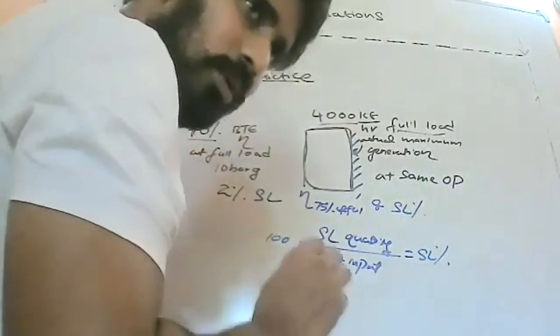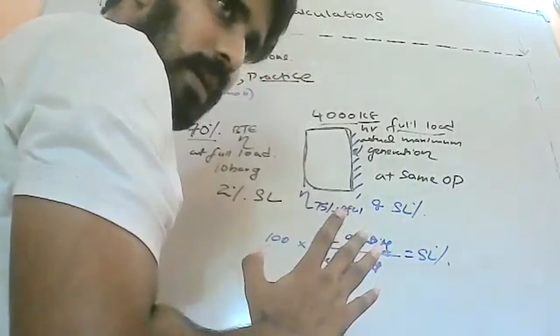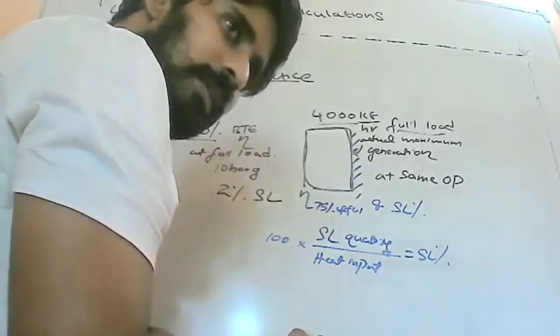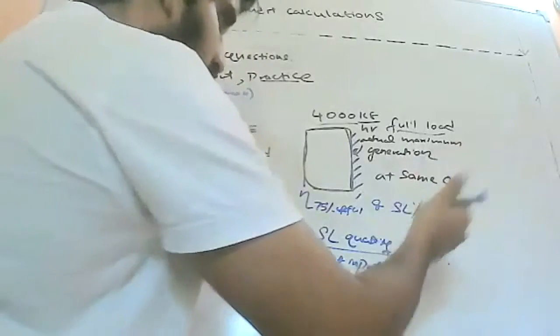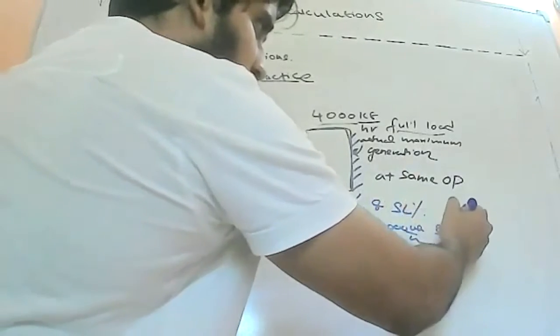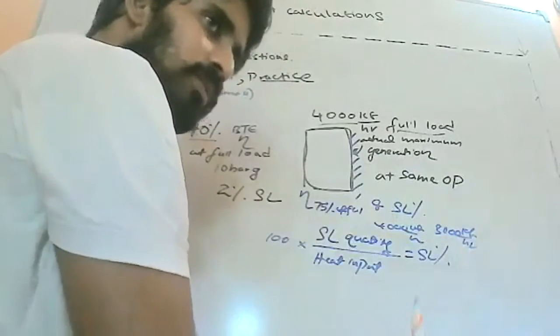But here you need to understand one thing. I told you, at the same pressure, even if the load varies, whether it is 4,000 kilograms per hour or 3,000 kilograms per hour, the surface is heated to the same value.